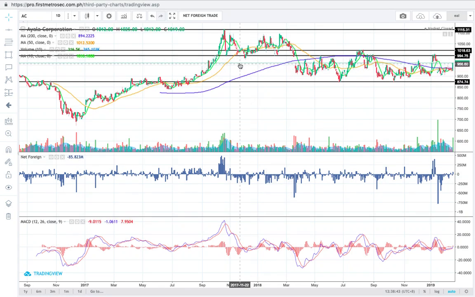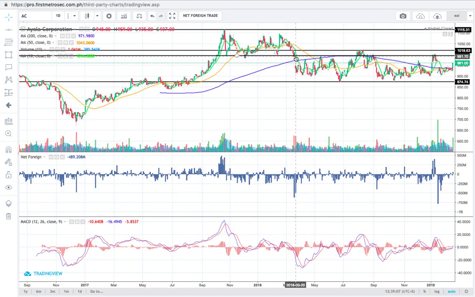What range? 1,094 all the way to 1,115. So it just traded that range in that particular period, from October 2017 all the way to March 2018.